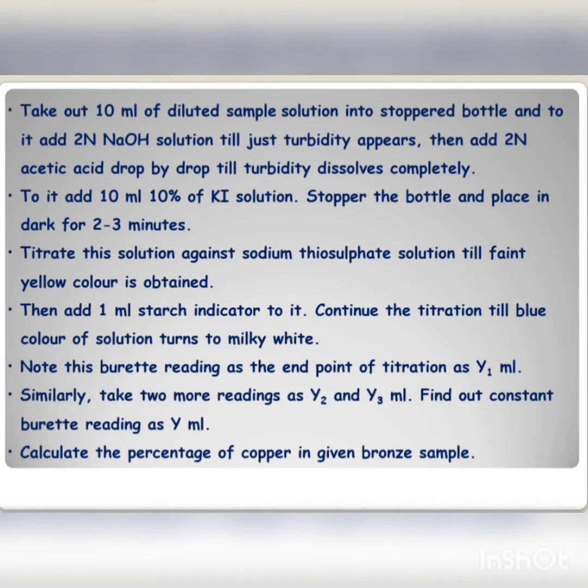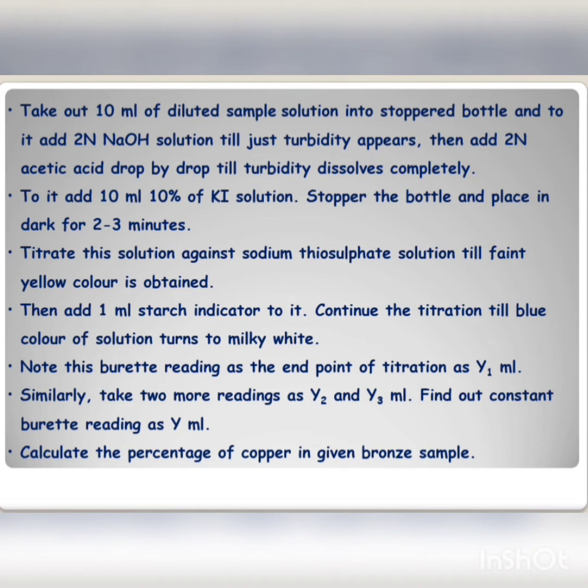After that, the liberated iodine we are going to titrate with sodium thiosulfate. At this point you will get a faint yellow color in the solution, and then we add 1 ml starch indicator.